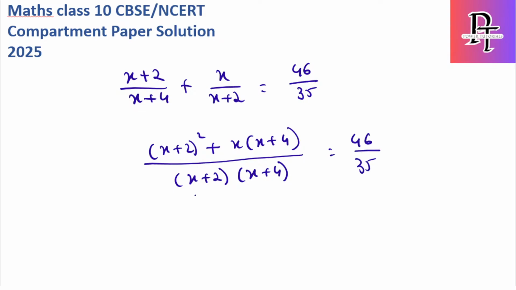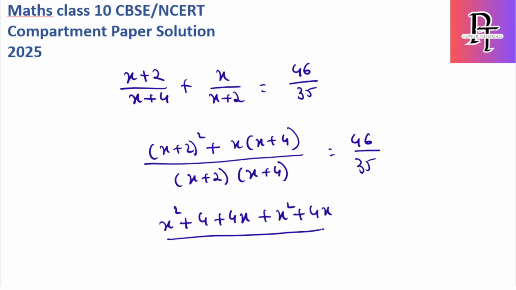Just expand it. You'll get x square plus 4 plus 4x plus x square plus 4x, over x square plus 2x plus 4x plus 8, equal to 46 by 35. Make sure you do this calculation properly, because even a minor mistake will make the entire question go wrong.